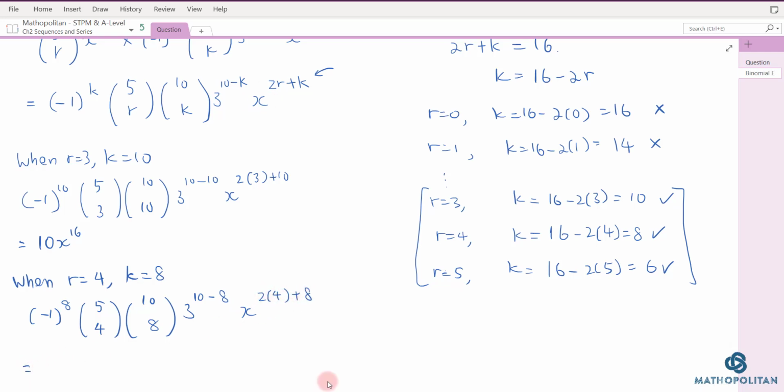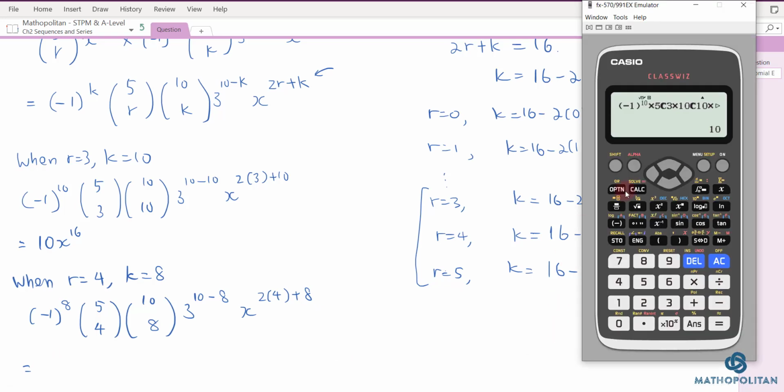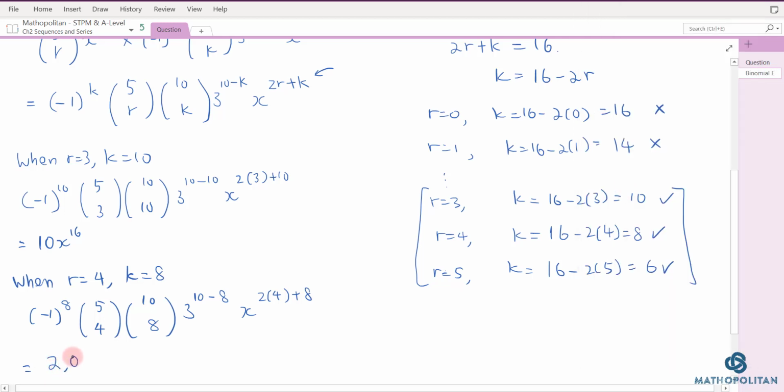Again, we'll just repeat the same process, but I'll just change the values here: negative 1 to the power of 8, 5C4, 10C8, and 3 to the power of 10 minus 8. So that gives us 2025, so that's 2025x to the power of 16.